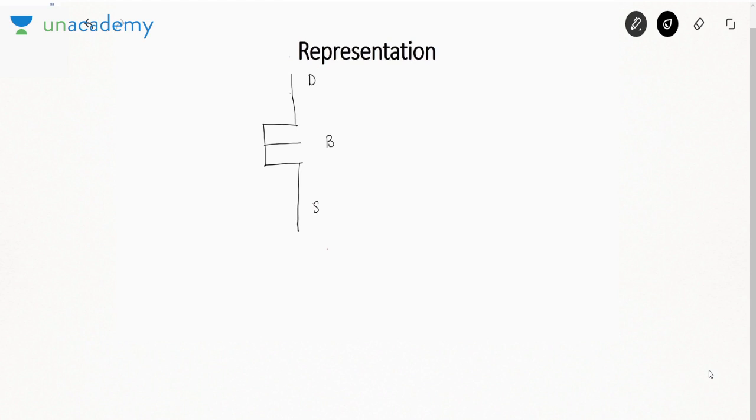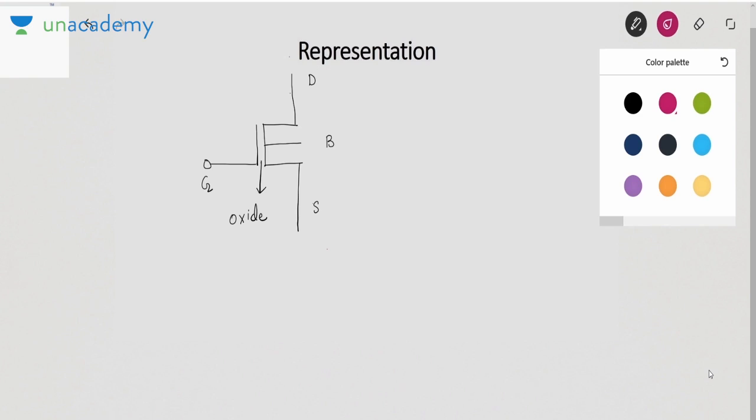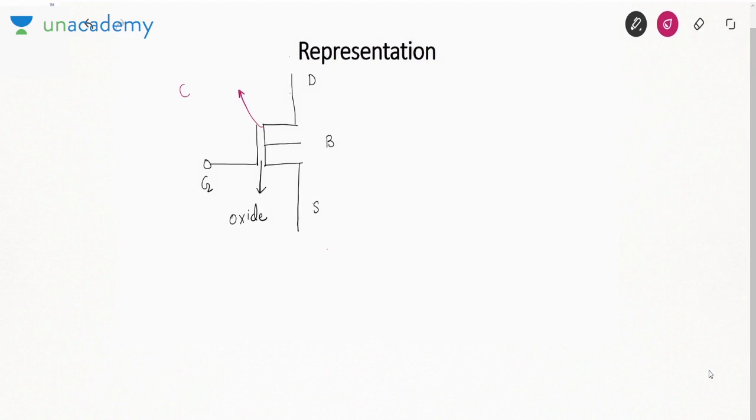What is the 4th terminal? Gate. Now this gap between the drain, source and gate represents the oxide layer, and the line connecting the drain and the source terminal represents the channel, this straight line.